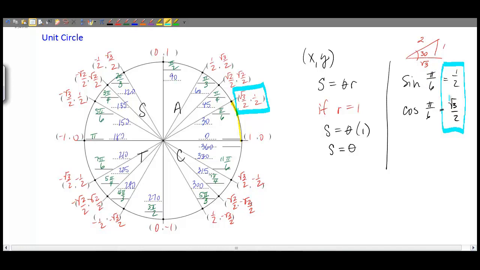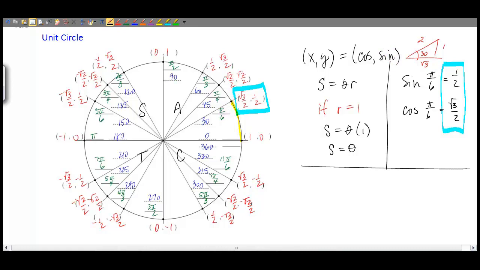What we're finding out just by looking at this is a lot of things. When I'm looking at the ordered pair on the unit circle, the first value gives me the cosine of my angle and the second value gives me the sine of my angle.